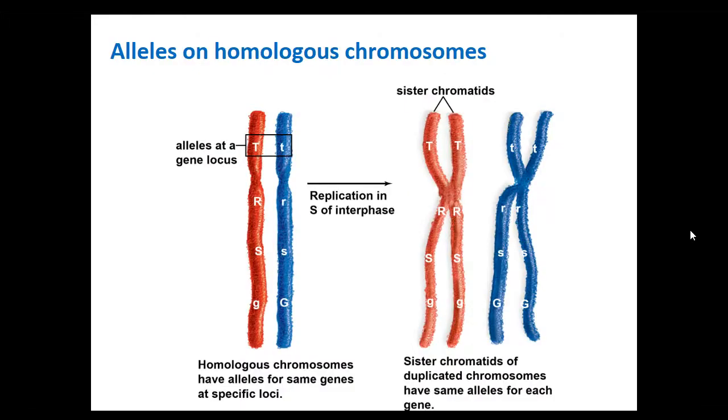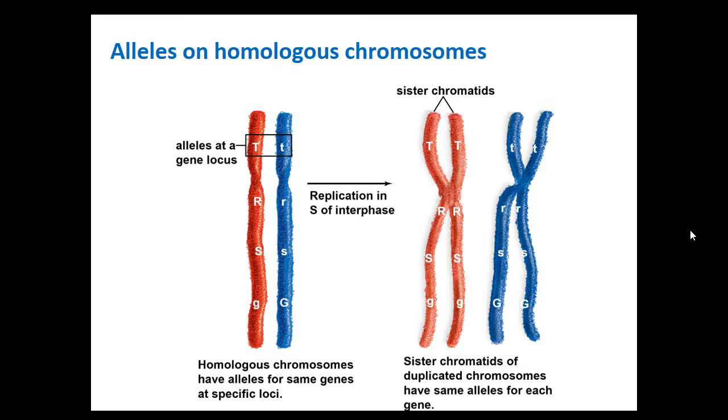Okay, but we've already said this. Kind of what I've been sketching on the board, but you have two of every chromosome, and you have the same genes in the same location or locus on both. So if there's an eye color gene here on one, there will be one eye color gene in the same place on the other one.